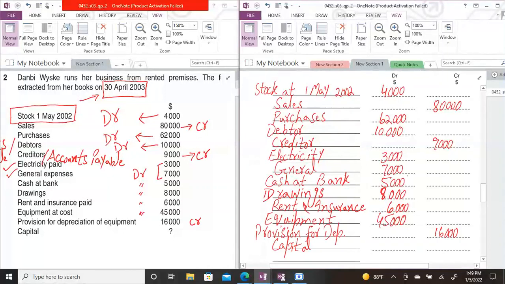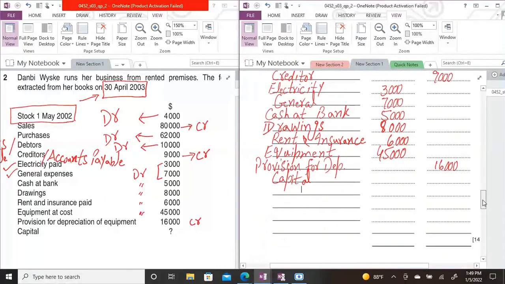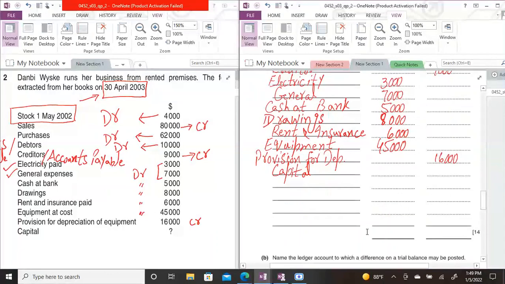And capital, the missing value. So how to find the capital, the missing value? Now add all the debit side, and you have a space here, and the space is provided. So here you write the total of the debit side.